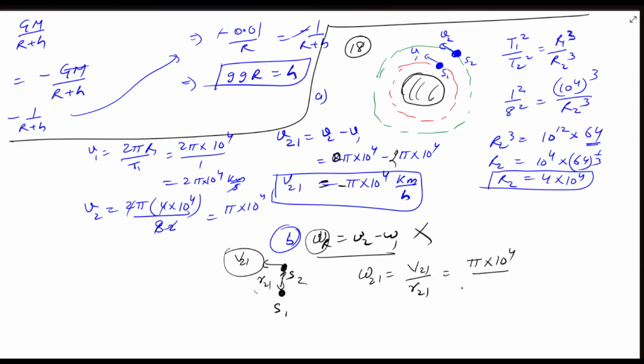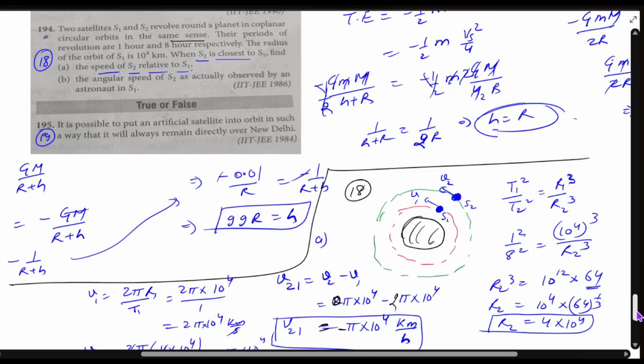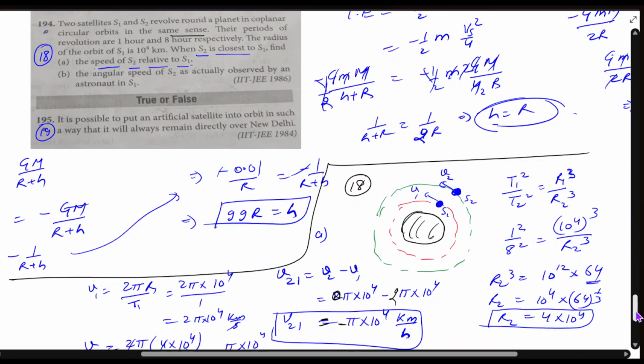R21 will be 4 into 10 raised to power 4 minus R1, which was 10 raised to power 4. So we will have pi into 10 raised to power 4 upon 3 into 10 raised to power 4. So this will also get cancelled. And pi is approximately 3.14, so it will be 1 point something. So we can just say it's 1, right?